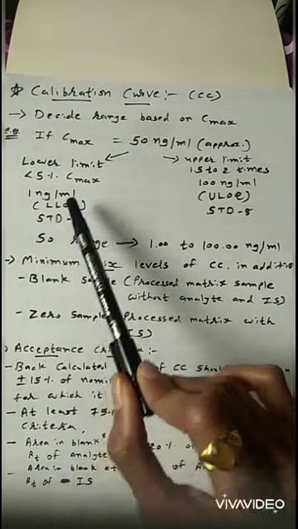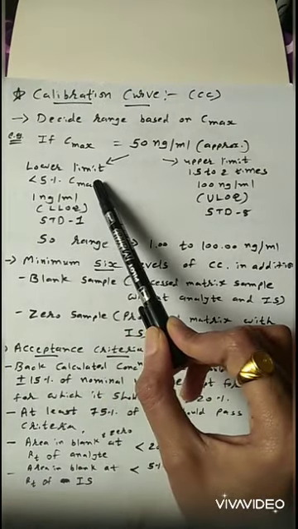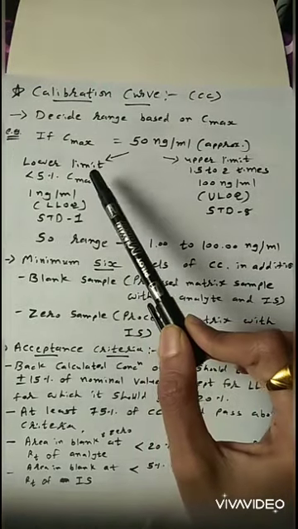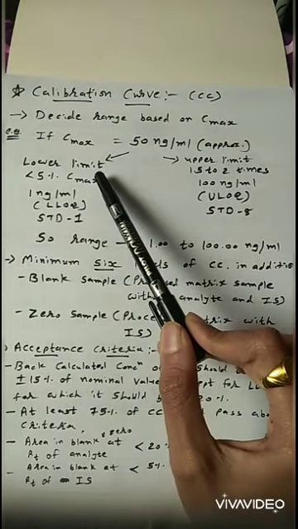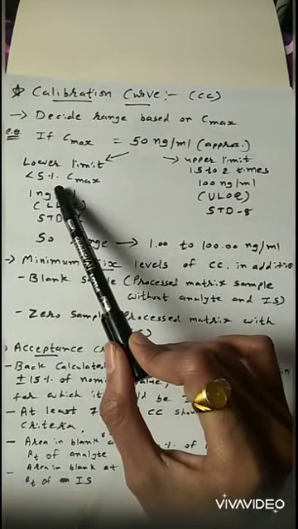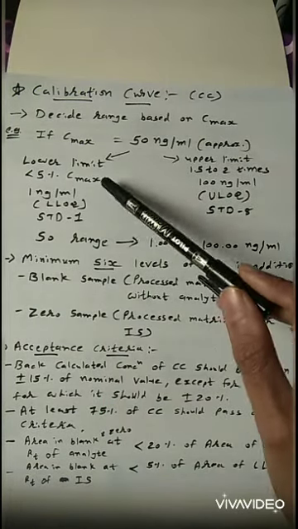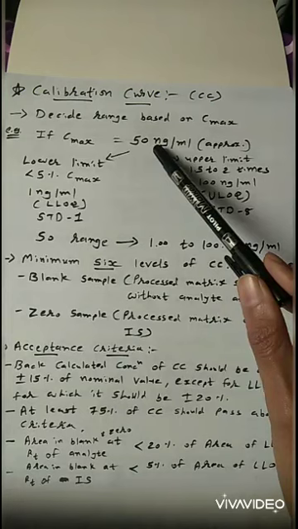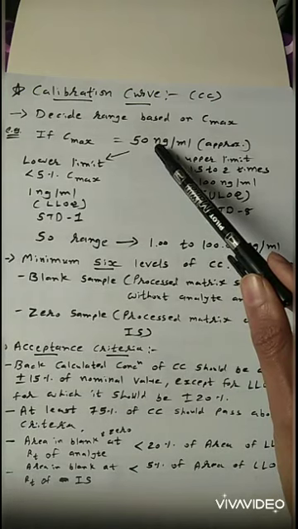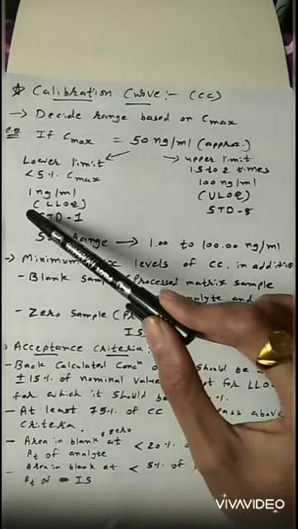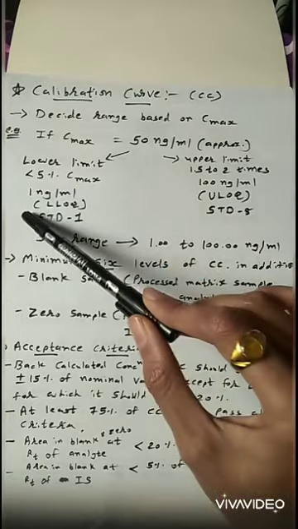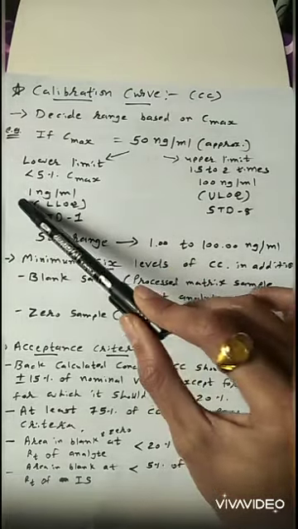And how will we decide the lower limit of this calibration curve range? The lower limit should be at least less than 5% of the Cmax. If we calculate 5% of the 50 nanogram, it comes to around 2.5 nanogram per ml. But generally we try to keep our lower limit of quantification as low as we can.